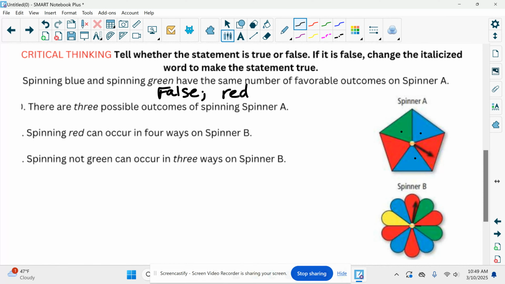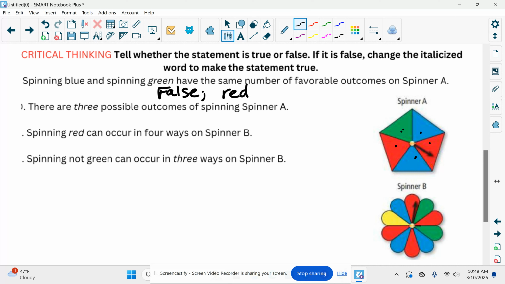There are 3 possible outcomes for spinning on spinner A. What's our key word there? Alright, how many outcomes are in spinner A? How many different sections are there? 1, 2, 3, 4, 5.